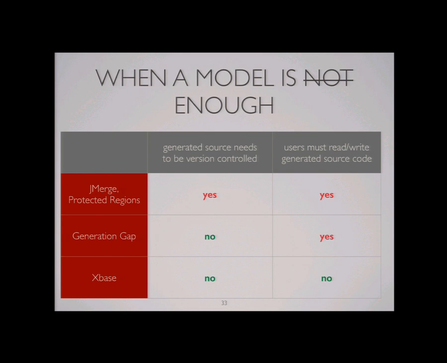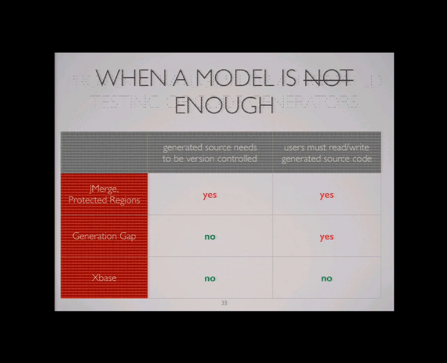And yeah, with JMerge protected regions and generation gap, that's the case. Maybe you want users to work with Java, but if you want to build a sound abstraction, then it's much nicer if people don't need to go down to the Java code. So it's not necessary with Xtext because the expressions are inside the DSL document.